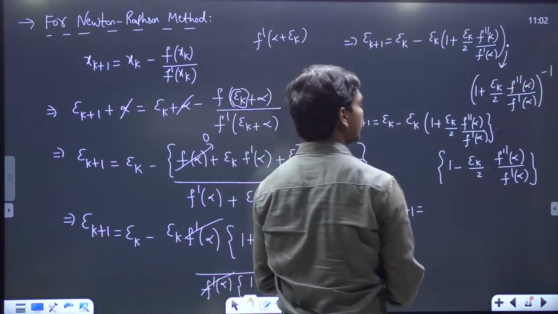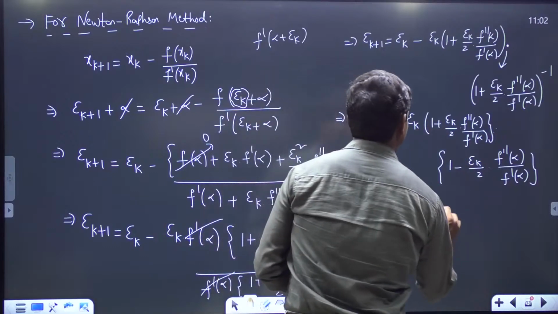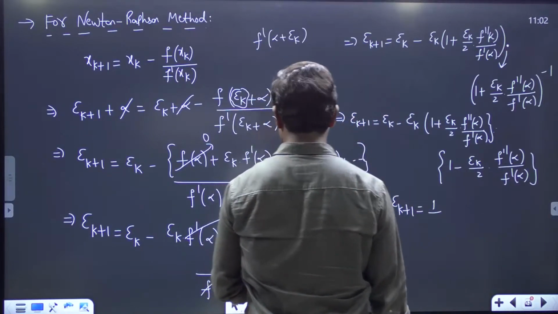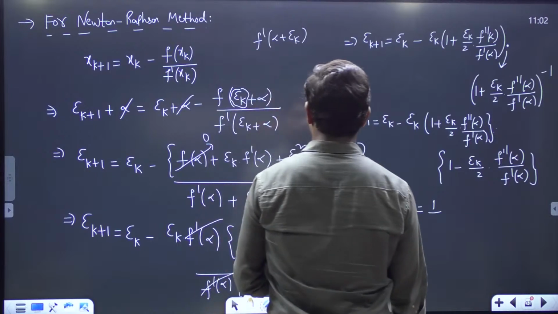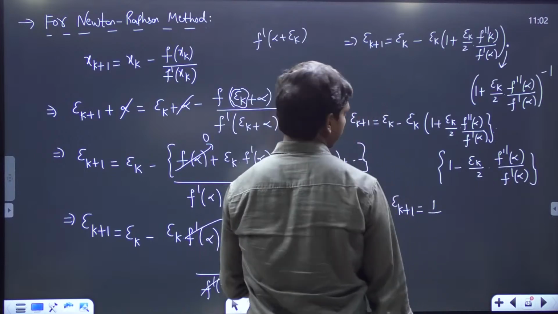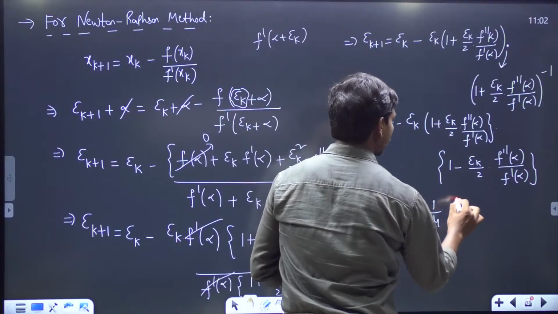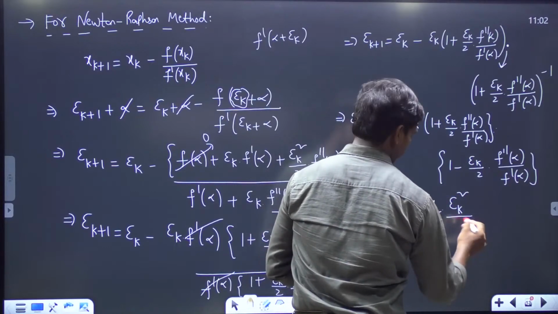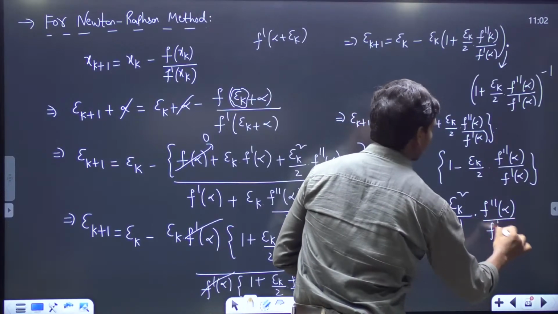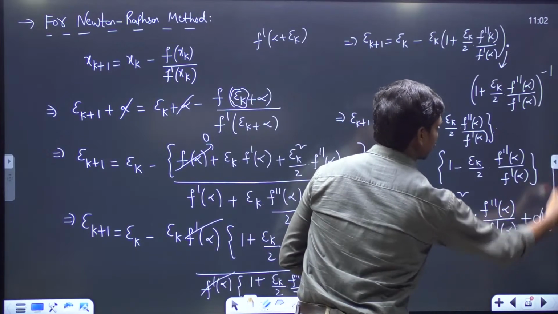And finally the thing that we'll be ending up with is, minus into minus plus, so 1 by 2 into f'(alpha), if you take common, there is 2 here, correct? So 1 by 4, I guess. If you multiply these two, 1 by 4 into ek square by 2, I mean this 2 is already taken care of here, so f''(alpha) divided by f'(alpha), plus some order of higher terms which we don't consider generally.